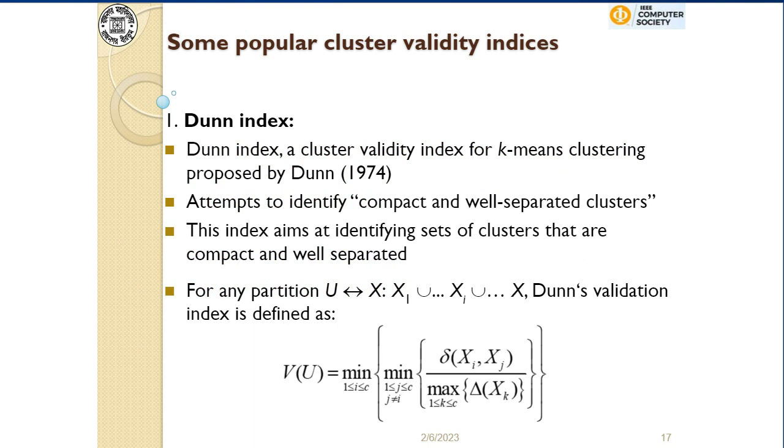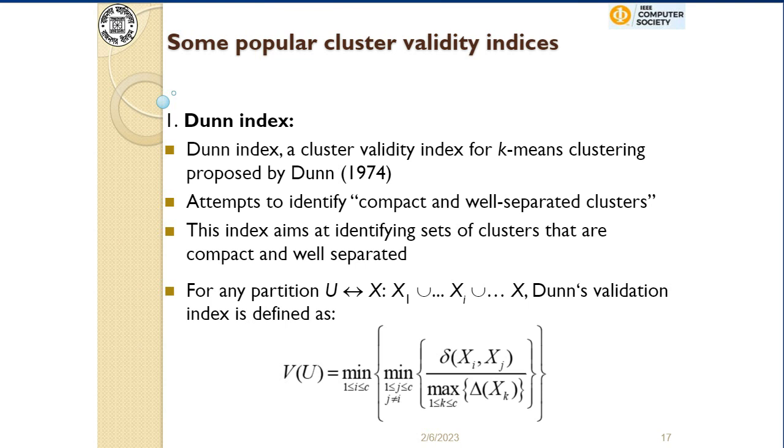At the same time, we are trying to minimize the intra-cluster distance, that is, the distance between the points in the same cluster. So the numerator goes on increasing, the denominator goes on decreasing, so ultimately the entire factor comes out to be maximized.